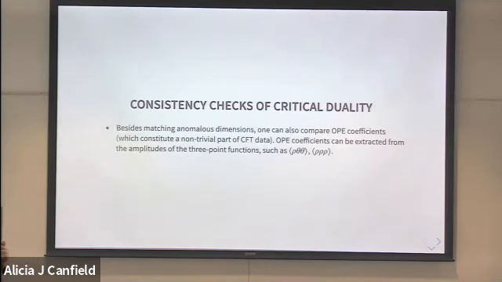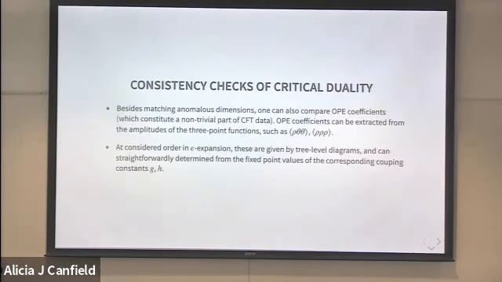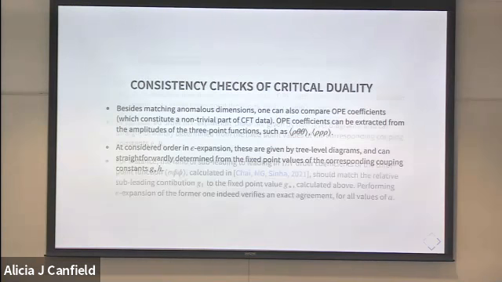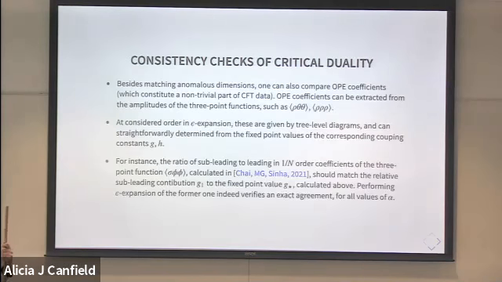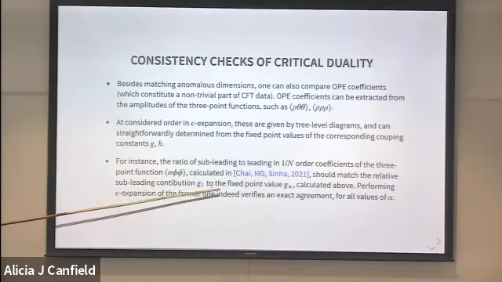One can also compare OPE coefficients, which are extracted as the amplitude of the 3-point functions. And that's very easy. It's just tree-level diagrams determined by the coupling constants G and H at a given order in epsilon expansion. Fortunately, this was calculated in our previous paper, so we can just take that and take the epsilon expansion of it.